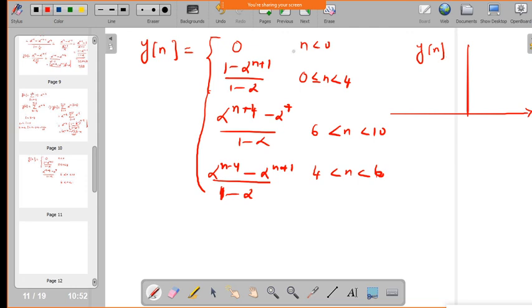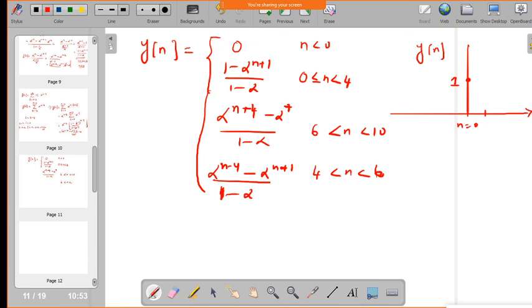When n is equal to 0, with alpha equal to 2, 2 power 0 plus 1 is 2 power 1, so 1 minus 2 by 1 minus 2 gives the value 1. So this is the value at n equal to 0.